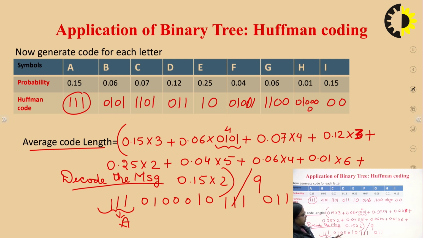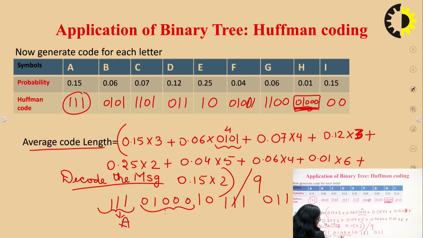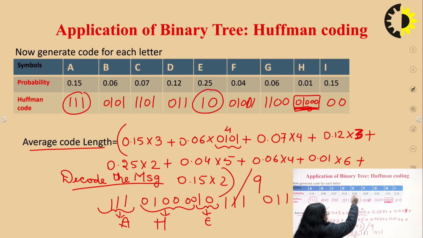In this case, 3 times 0, so we get the code 0, 1, 4 times 0. So we will write H, right? Fine. After that we have the code 10. Yes, it belongs to E, right? So we have to write E.